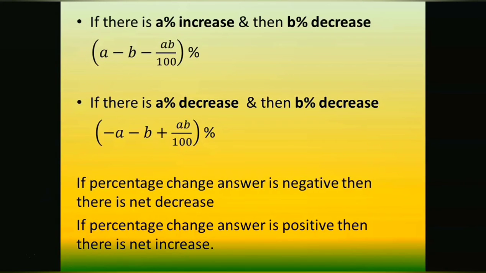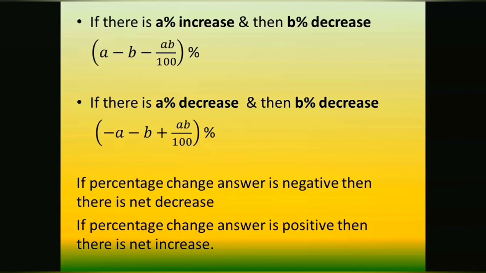Notice that in the first case, we have seen the formula for increase. That means the price or the percentage change is increasing. It is A% increased first and then B% increased. But there can be cases where the percentage change is positive or negative.